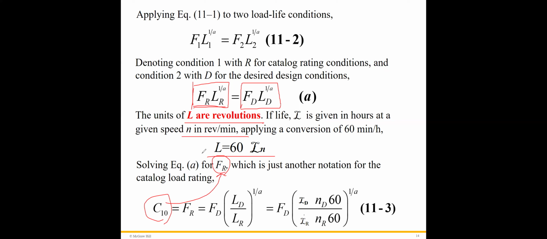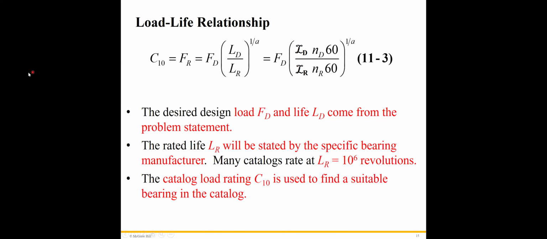Then we check the catalog provided by the manufacturers for what the C10 is. So this is the relation for C10, which is the FR equals FD times LD over LR to the power of 1 over a. So we can find C10 by using this relation.